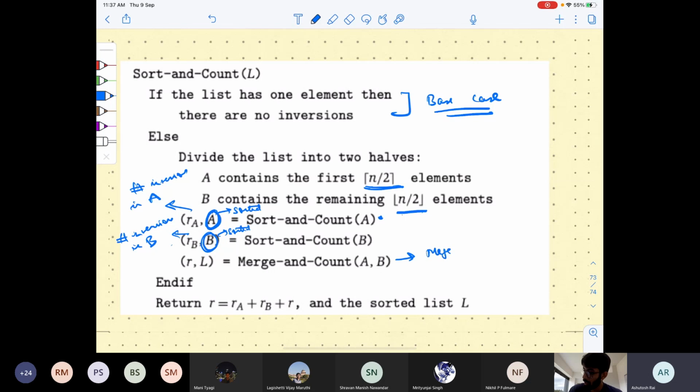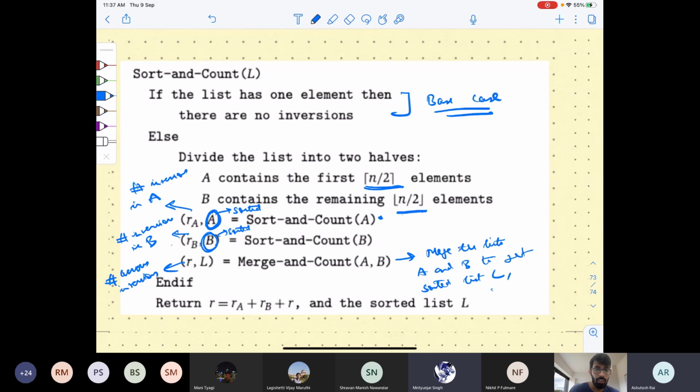So merge the lists A and B to get sorted list L, and this R is the number of across inversions. Yes, is there a question?